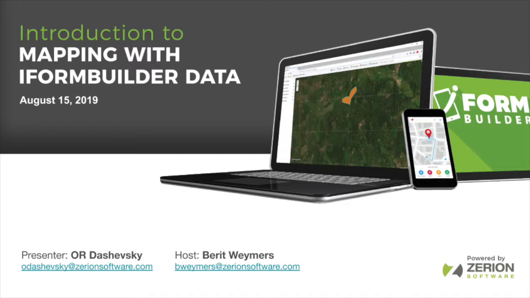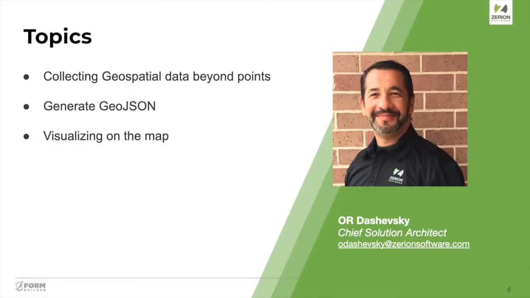All right, thank you, Barrett. Hi, folks, and it looks like everybody was interested to learn more about how to capture more than just a single point. So in today's webinar, we're going to go beyond just collecting a single point.